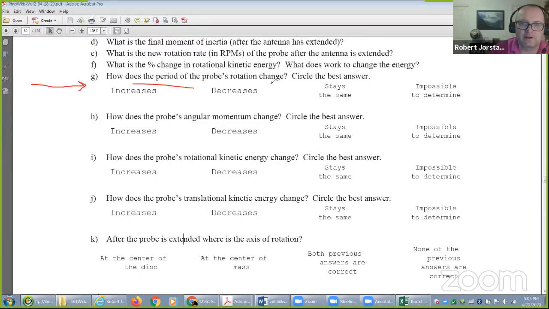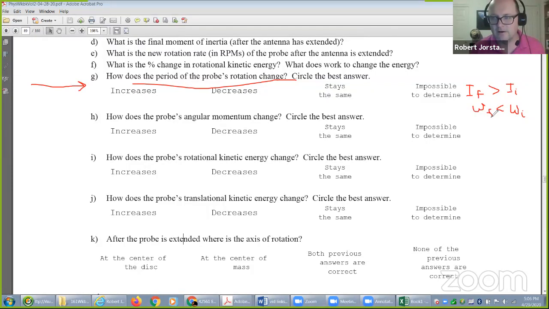Okay, how does the period of the rotation rate change? I think we saw I final is greater than I initial, which makes me think omega final should be less, right? If you're a figure skater and you bring your arms out, your moment of inertia goes up. If your moment of inertia goes up, your rotation rate goes down.